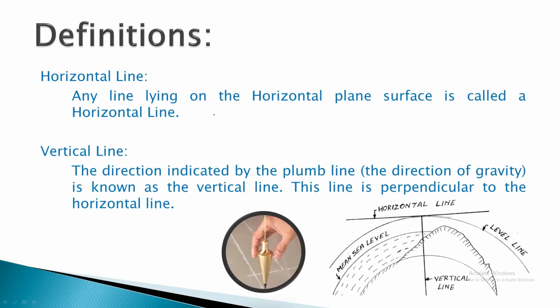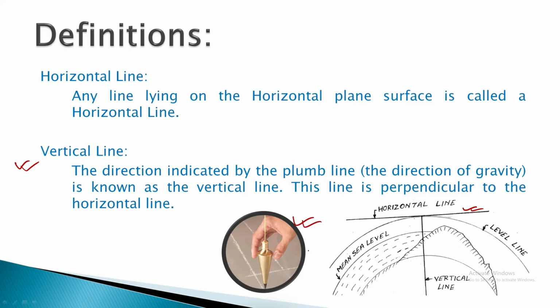Horizontal line: any line lying on the horizontal plane. If this is the horizontal surface, any line which lies on it is called a horizontal line, and this is actually tangential also. Now what is the vertical line? It is the direction indicated by the plumb line. You can see this is a plumb bob.